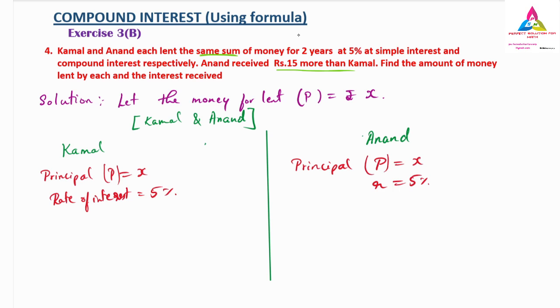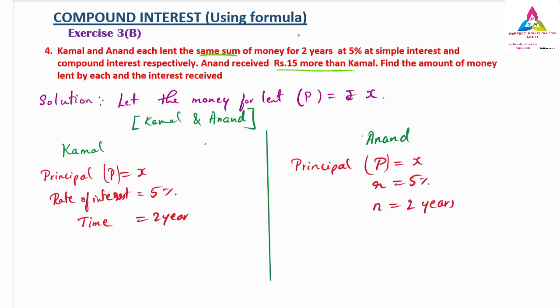The change here is the time: here the period of time is 2 years, and here also the time is 2 years, but here we will take the time as n, that is 2 years, so 2 times.